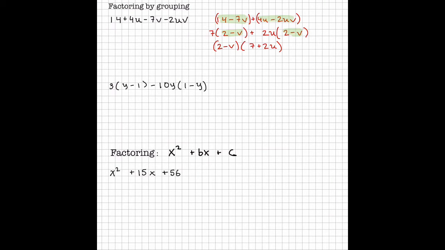In the next problem, it looks like we have common factors. y minus 1 and 1 minus y are very similar. The difference between them, though, is that they're exact opposites. We've got a positive y and a negative 1, and here we have a positive 1 and a negative y. Well, we're not at a loss here. We can actually do something with this.